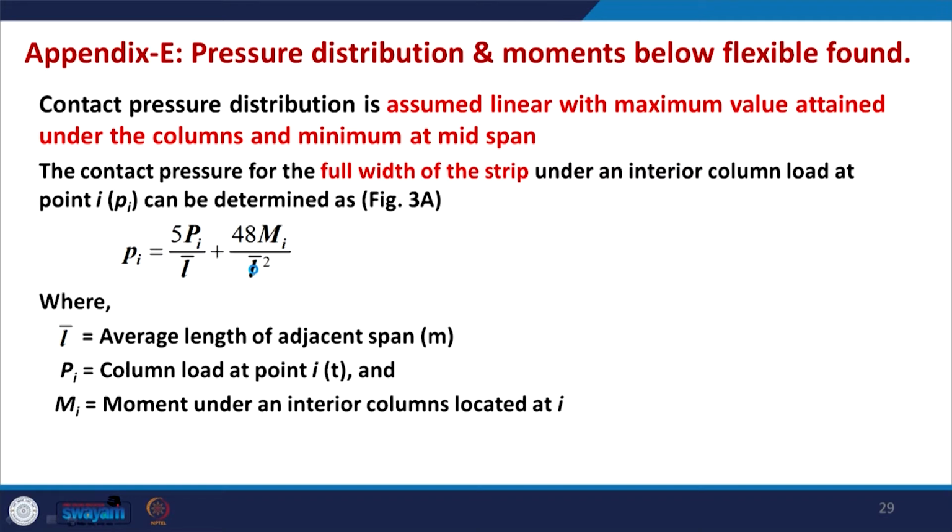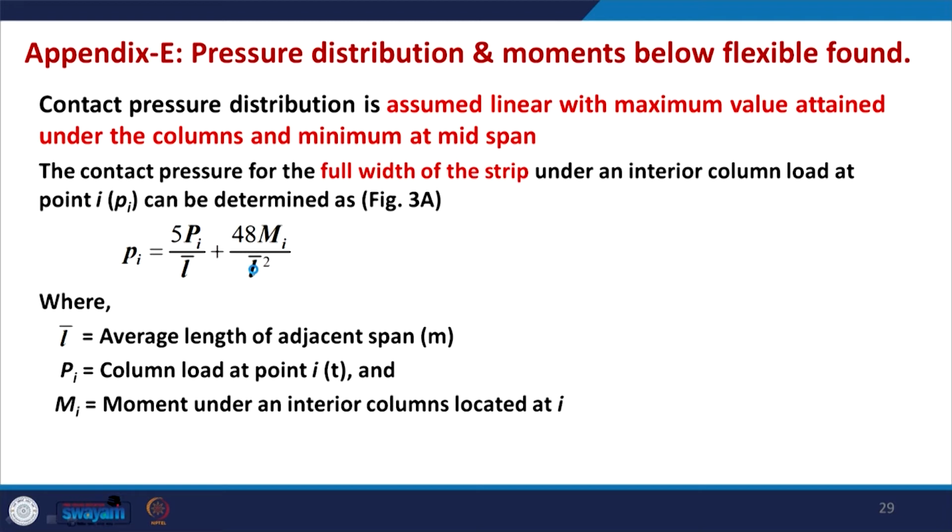The contact pressure distribution is assumed linear, with the maximum value attained under the column and the minimum at mid-span. So, under the columns there is a maximum value of the contact pressure, while at the middle between two columns it is minimum. That is simple, because most of the pressure is coming below the columns.